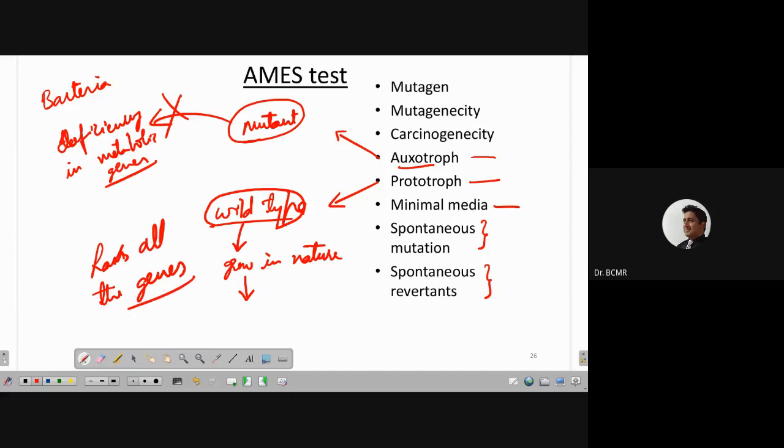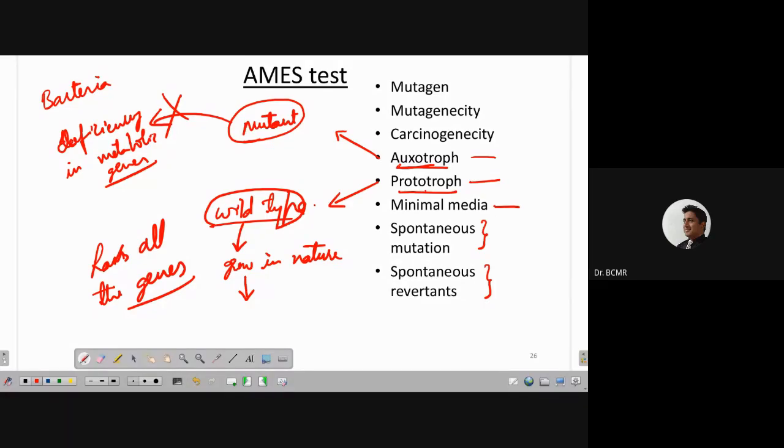I hope you understood what a prototroph and an auxotroph are. A prototroph is the wild type. It has all the genes required to grow in nature. Whereas an auxotroph is a mutant. It may have deficiency in one or more of the metabolic genes, so it cannot grow in nature.